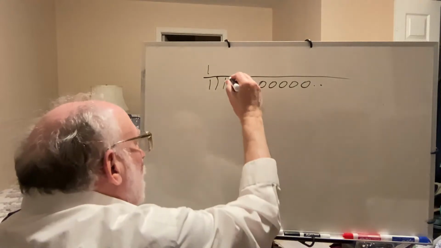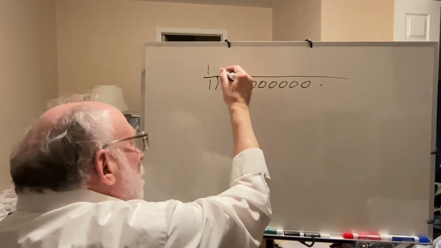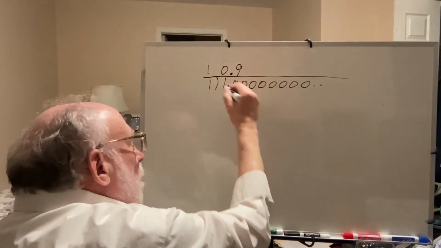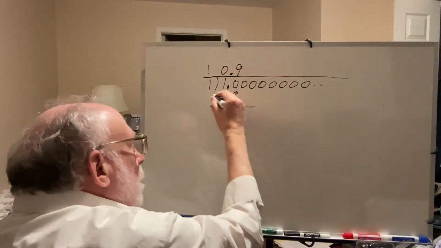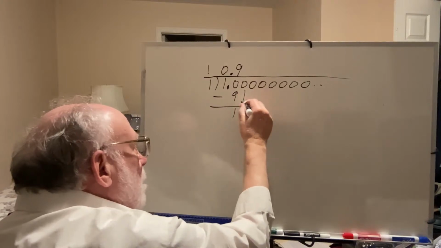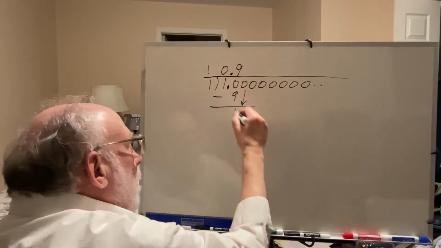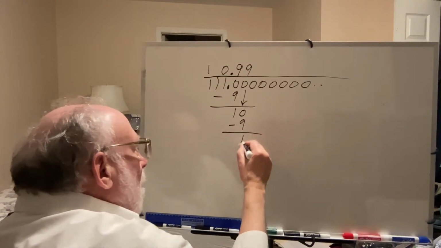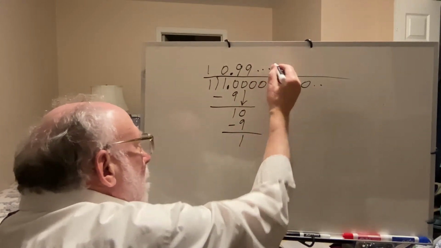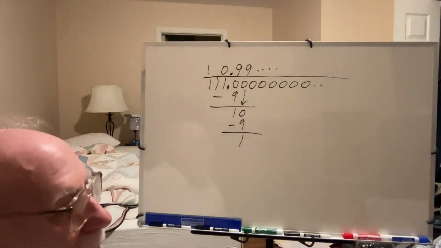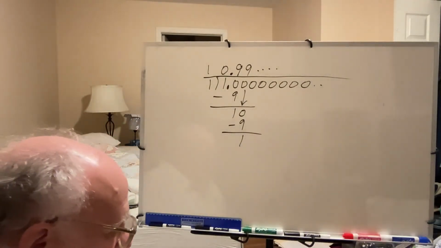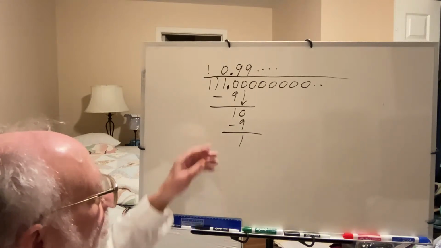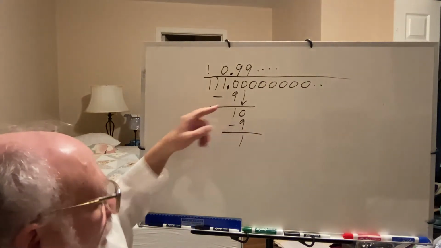So we say 0 here, and we put a 9 here because 1 times 9 is 9. We subtract, we get 1. We bring down a 0. This is a 9. 1 times 9 is 9. And so there it is. I obtained the nines from dividing 1 into 1 because you don't get a two-digit remainder when you have the 9 there.